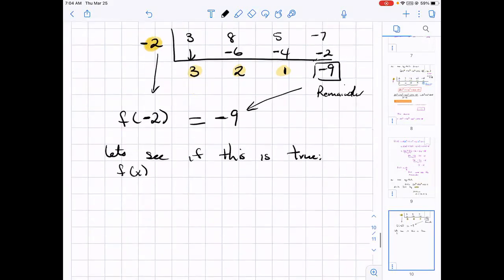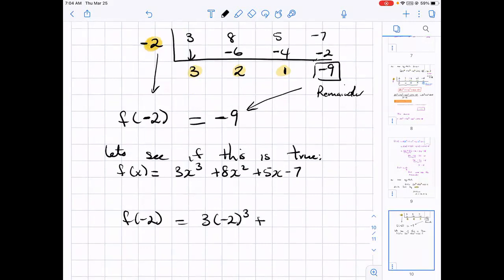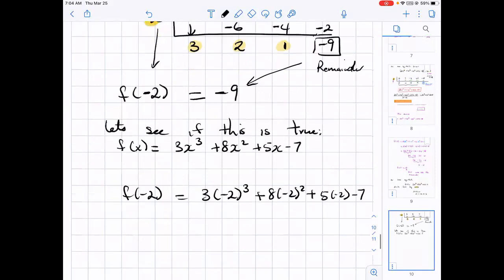So f of x was given to us as 3x cubed plus 8x squared plus 5x minus 7. So what is f of negative 2? It will be 3 times negative 2 cubed plus 8 times negative 2 squared plus 5 times negative 2 minus 7.